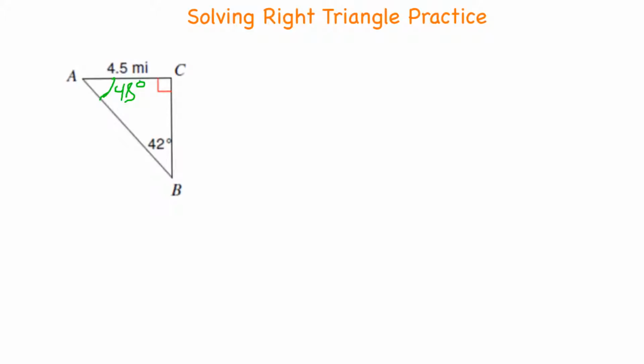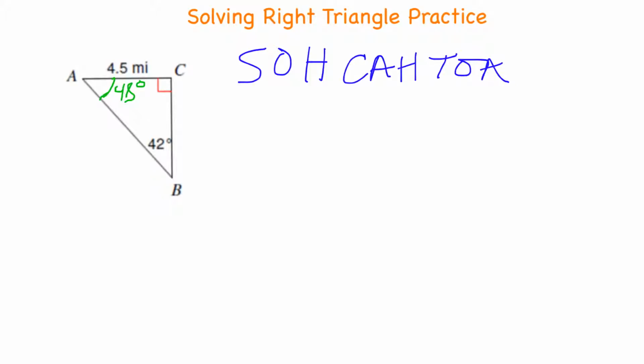Let's write out SOHCAHTOA so that we can see what we're talking about here. Alright, let's say this was the angle that we're going to name our triangle for. What's this side over here going to be called in relation to this angle?